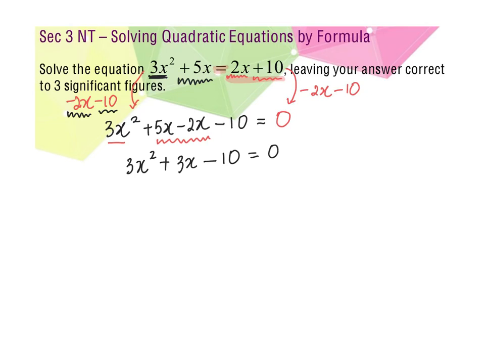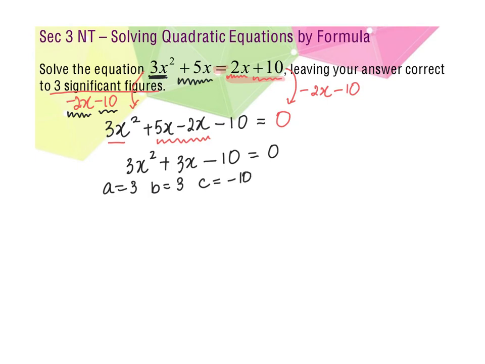Now we are going to solve this equation, and the question already says 3 significant figures, given in the question over here. So we're going to use our formula, and therefore we need to identify our A, B, and C. A is equal to 3. B is equal to 3. C is equal to negative 10.